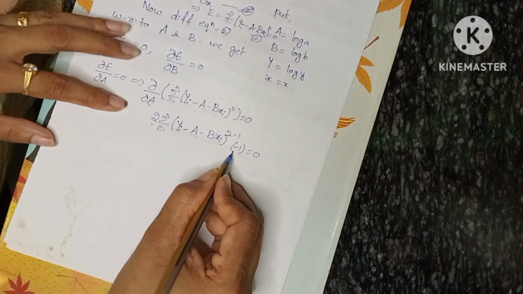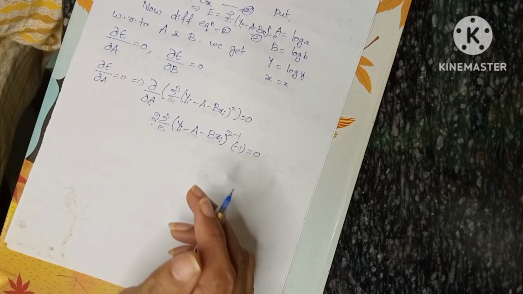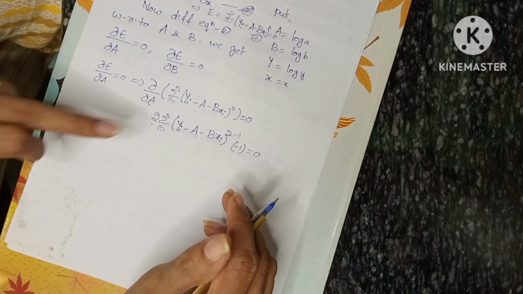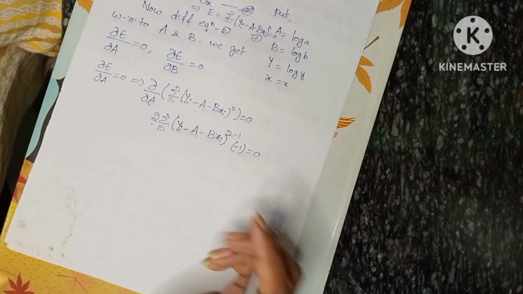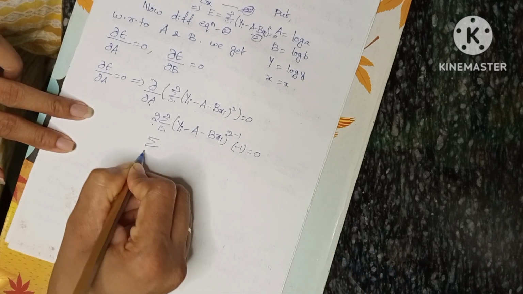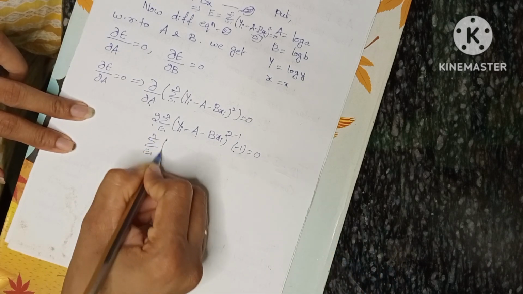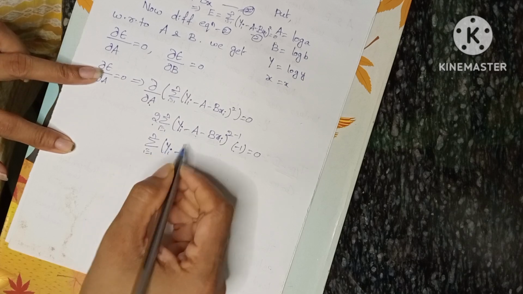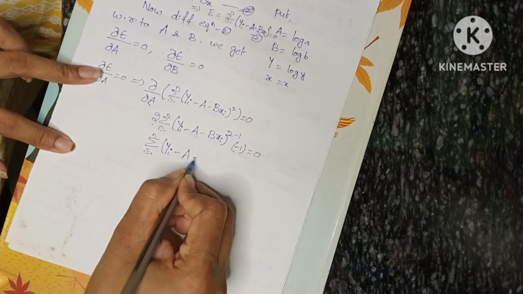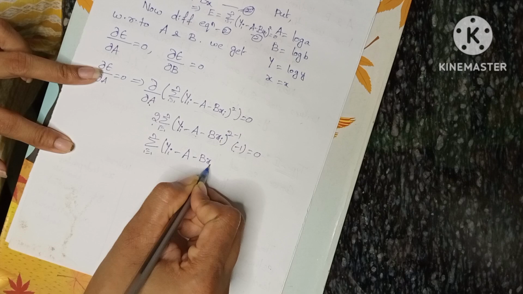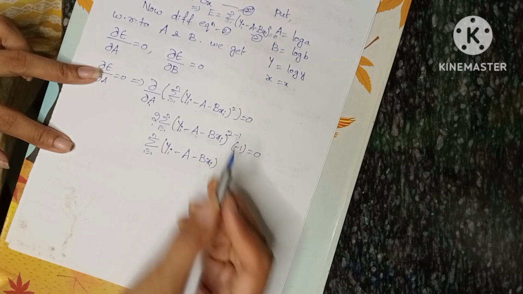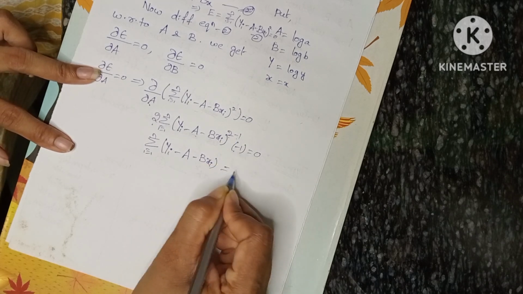So 2 into minus 1 is minus 2. We transfer it from LHS to RHS, it becomes 0. So summation i = 1 to n of (yi − a − b xi) to the power of 2 − 1, which is 1, equals 0.